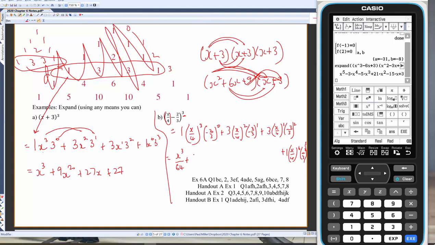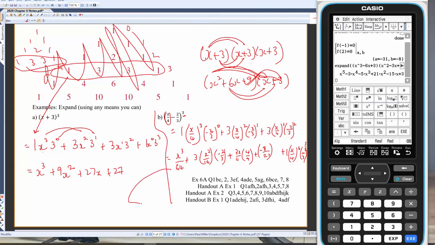This one is going to be 3 lots of x squared over 16 by negative 2/3. This one is going to be 3x on 4 multiplied by, it's negative and it's squared, so it becomes positive, 4 on 9. And the last one is going to be 1 multiplied by 1, negative 2 to the power of 3 is negative 8 over 27.